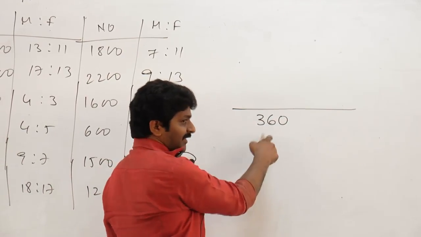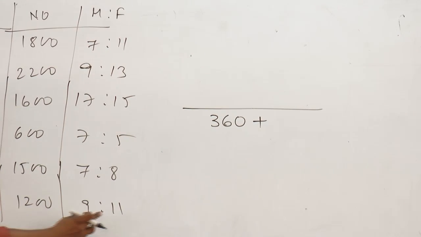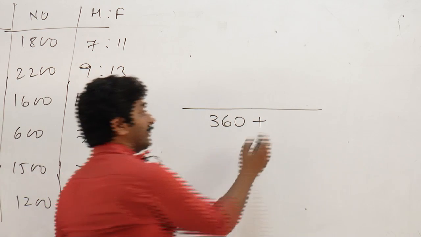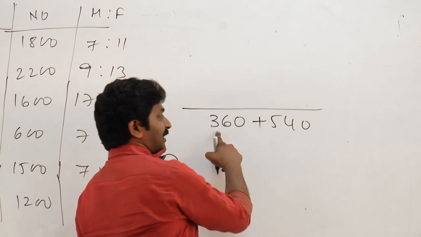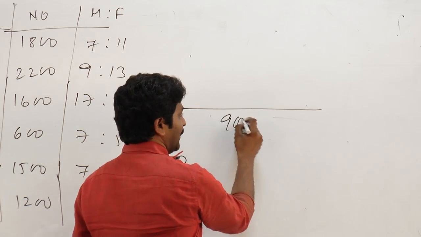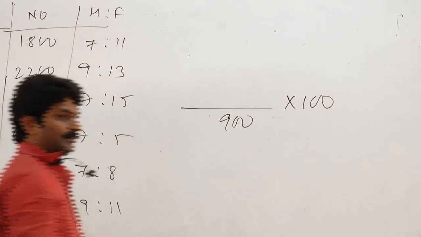Let me calculate first denominator value, then I will go to numerator. And how many parts we have? 20 into 60. Male are 9 parts. 9 into 60, 540. 360, 540, 900. My denominator value is 900 into 100.